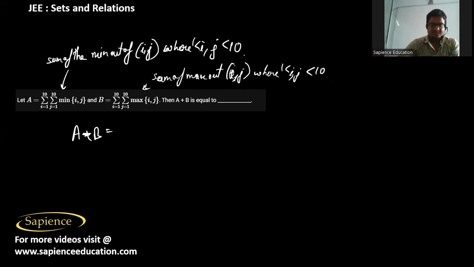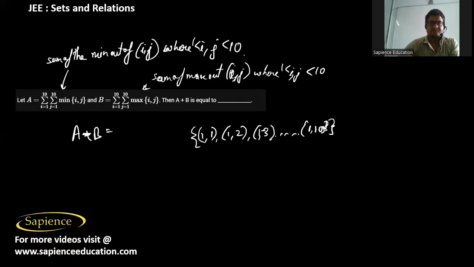Now, so we shall start with 1. So therefore, the pairs that will come, that is 1 comma 1, 1 comma 2, then 1 comma 3, until 1 comma 10 it will go.